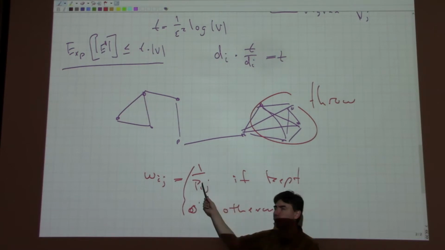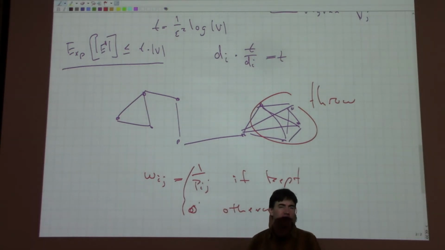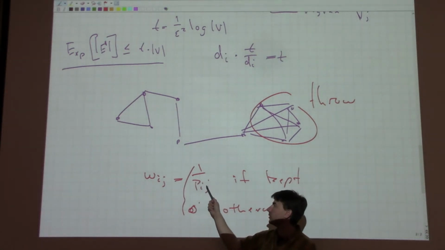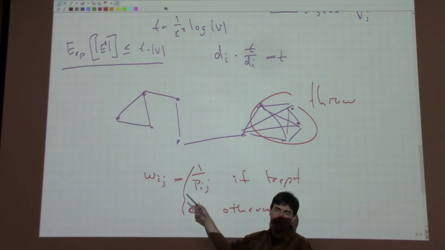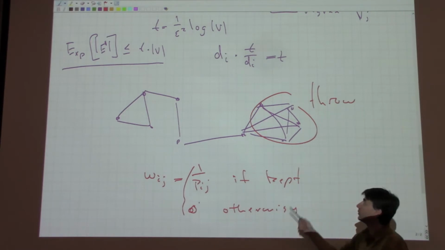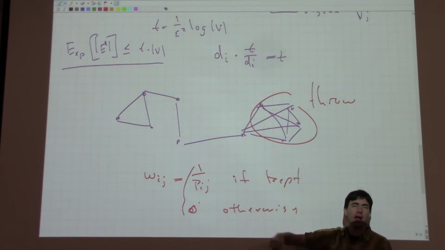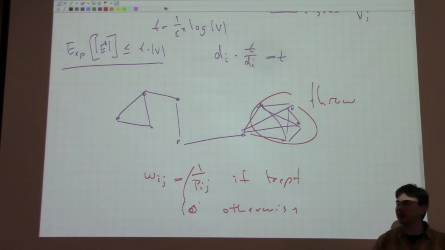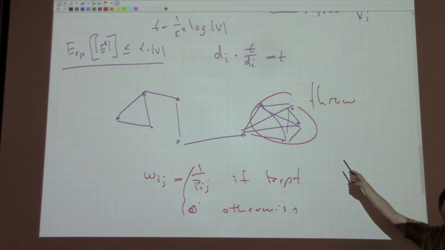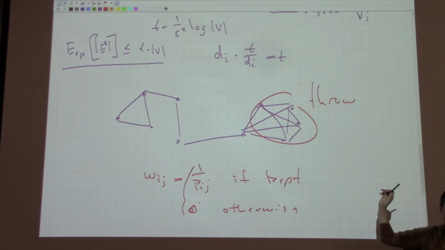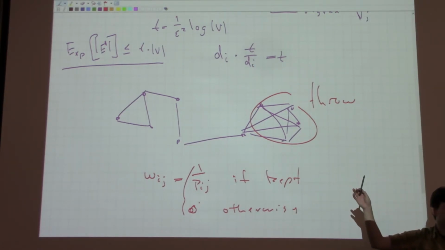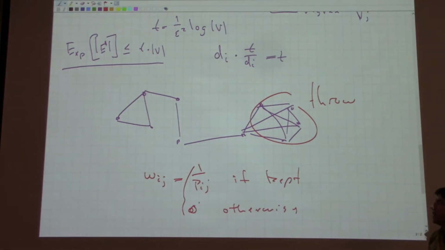If I keep it with probability 1, this is still 1. If I keep it with probability 1/2, then it gets weight 2. If I keep it with probability 1/10, it gets weight 10. So if it's part of this graph that's very well connected and I threw away a lot of edges, I'm giving that weight back onto those edges. And so this means that, in expectation, the total weight of the graph is going to stay the same. So I'm not changing the total weight of all the edges.